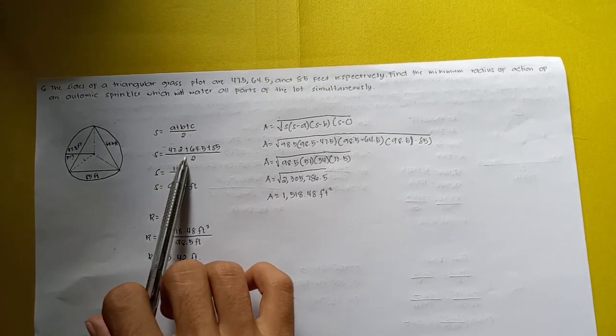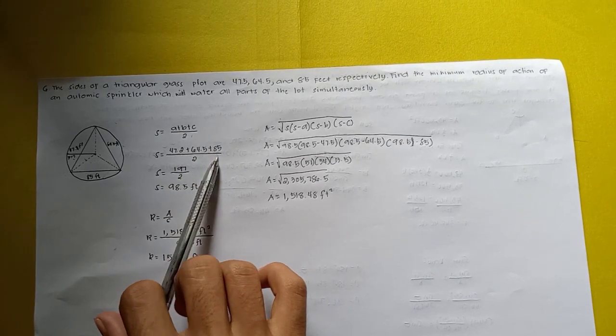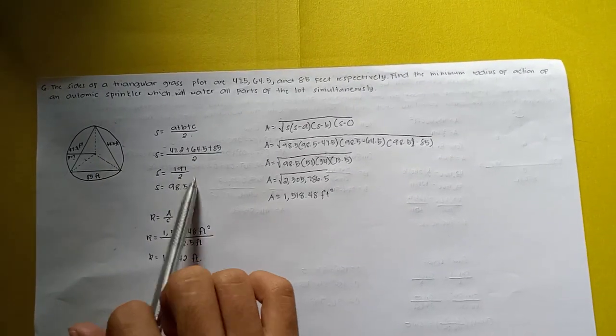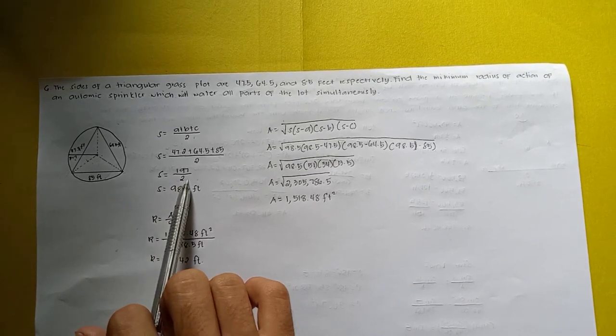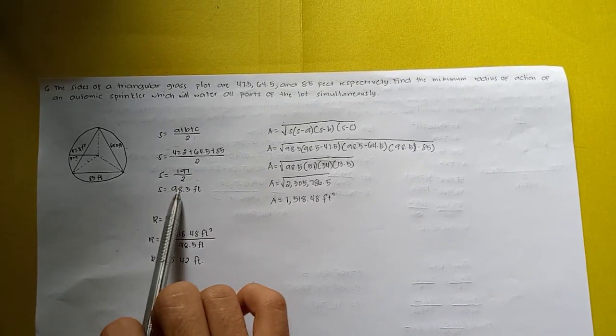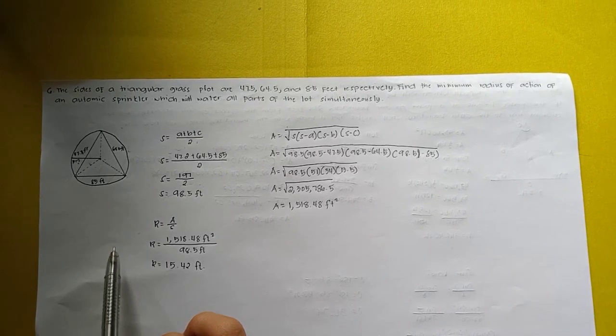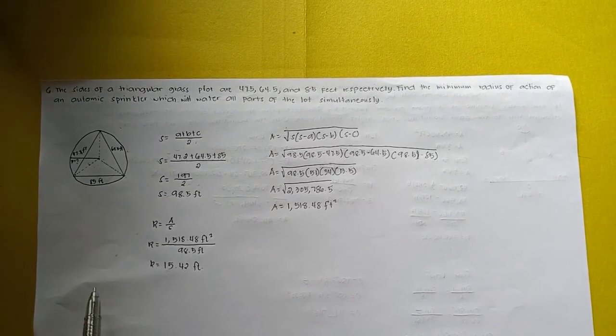S equals 47.5 plus 64.5 plus 85 over 2. S equals 197 over 2. S equals 98.5 feet.